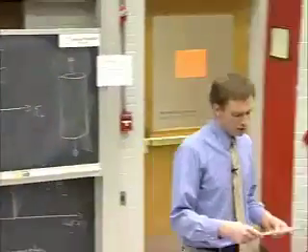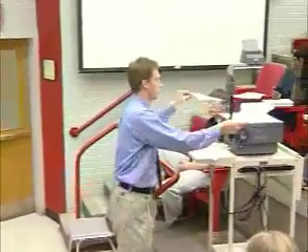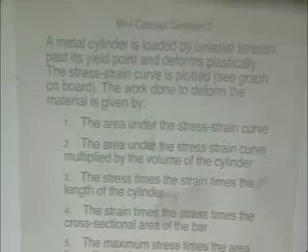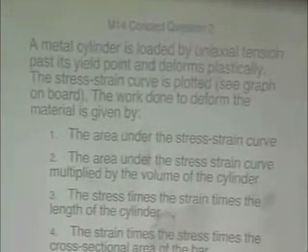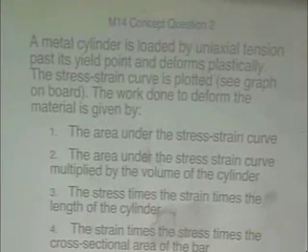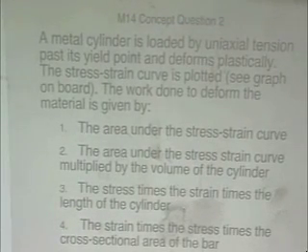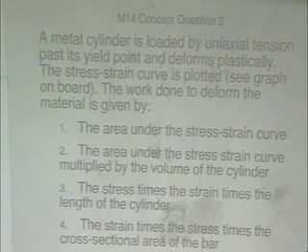What would be the work we would have to do in order to deform this cylinder to some stress and strain on our true stress, true strain curve? So the metal cylinder is loaded by uniaxial tension past its yield point, so we're somewhere up beyond this elastic region. How much work did we have to do?